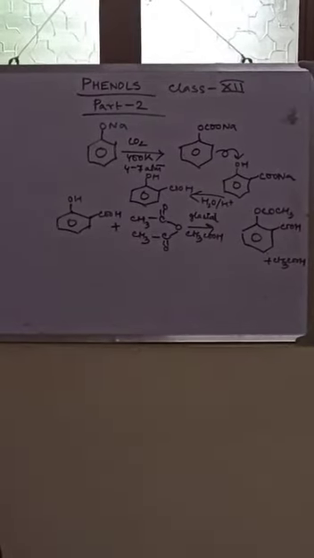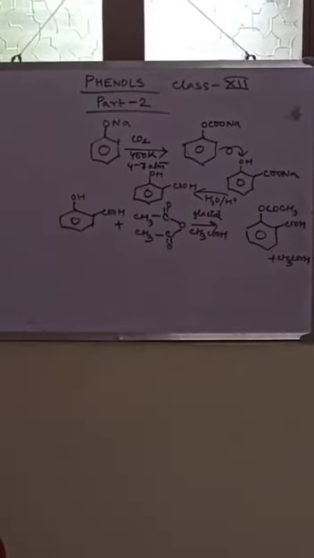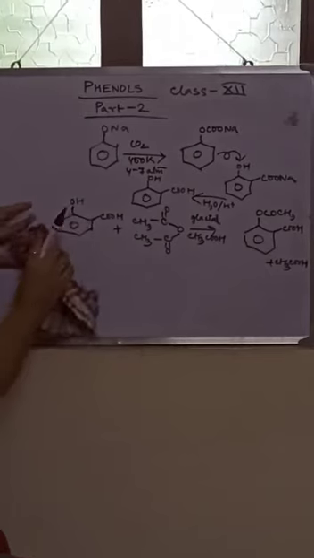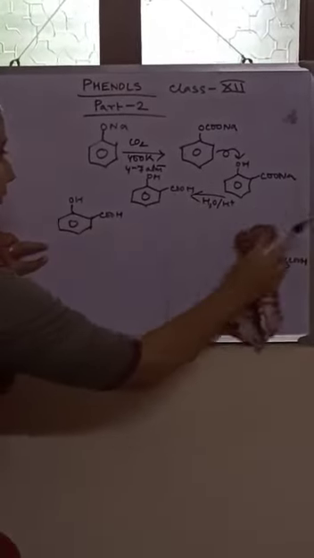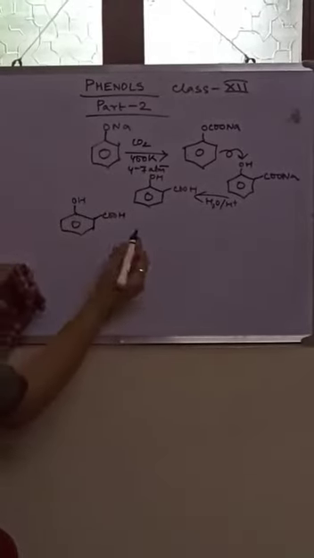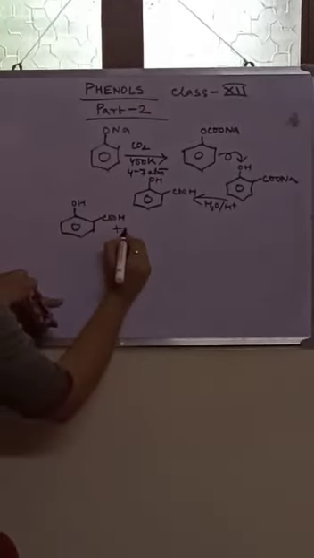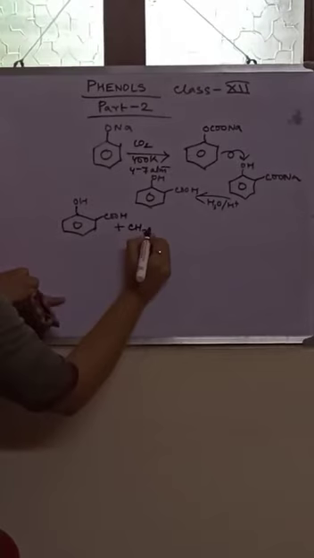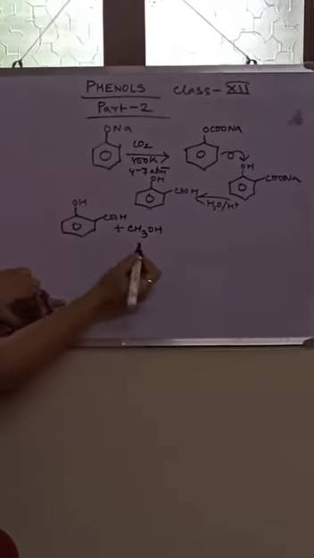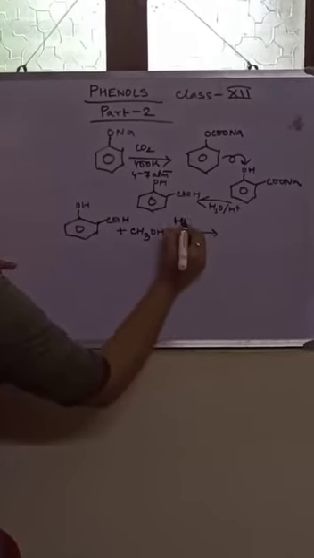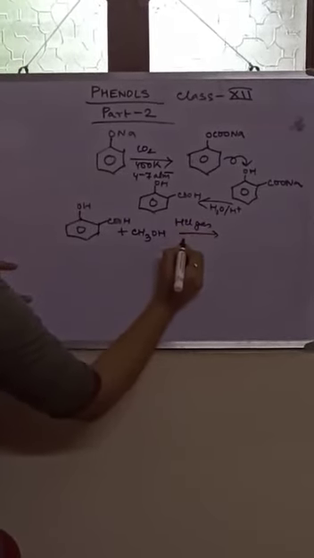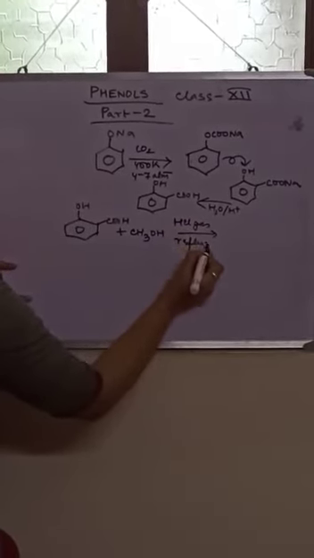Another such medicine is methyl salicylate, used for rubbing on the skin. Methyl salicylate is obtained by esterification of salicylic acid with methanol, HCl gas and reflux.